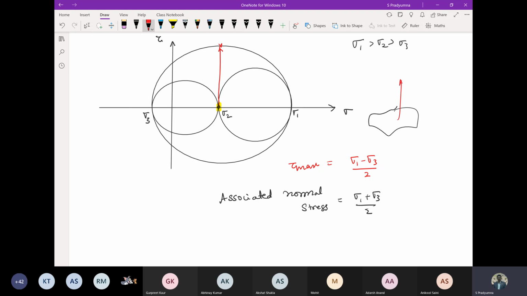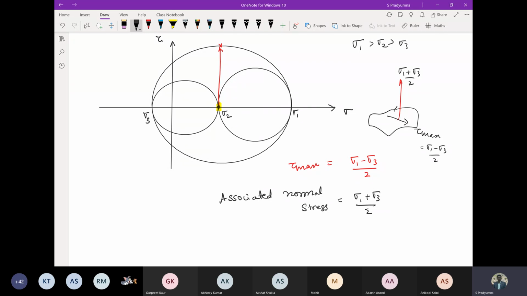So this is having a shear stress that is equal to tau max. On this particular plane, I have the normal stress that is given by sigma 1 plus sigma 3 by 2. So this is the normal stress. Tau max is equal to sigma 1 minus sigma 3 by 2.